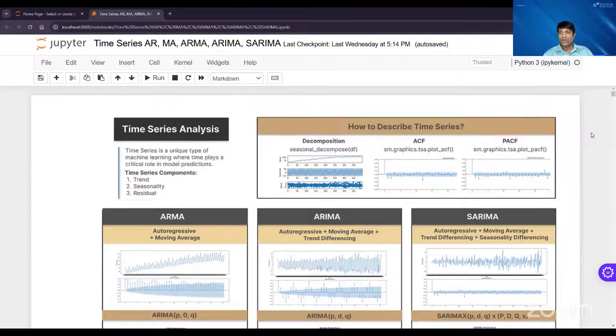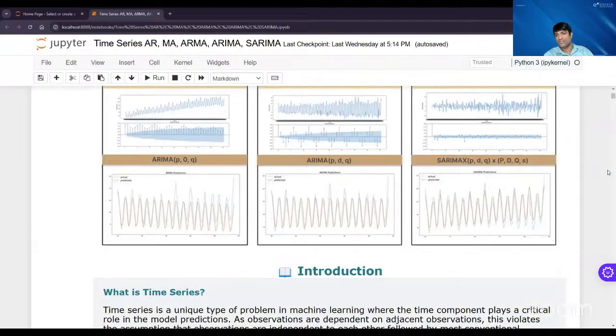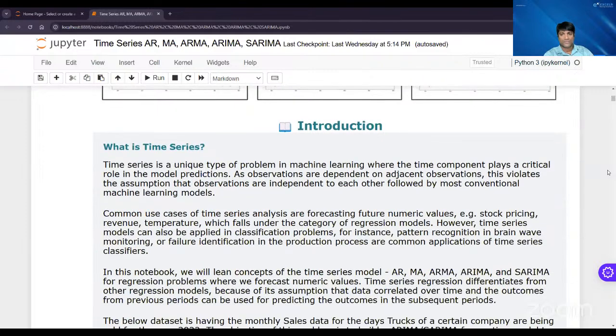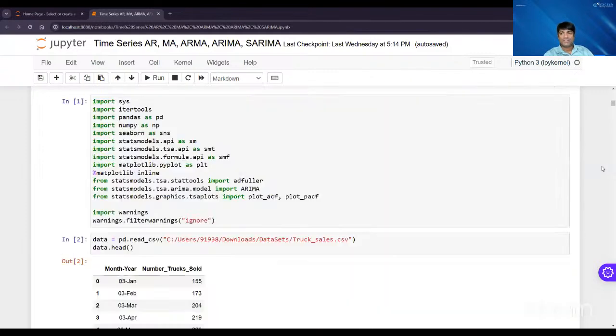These are a few models that exist: first AR, MA, then ARMA and ARIMA and then SARIMA. I told what those are, and we have seen an introduction to time series and how things work out in time series.